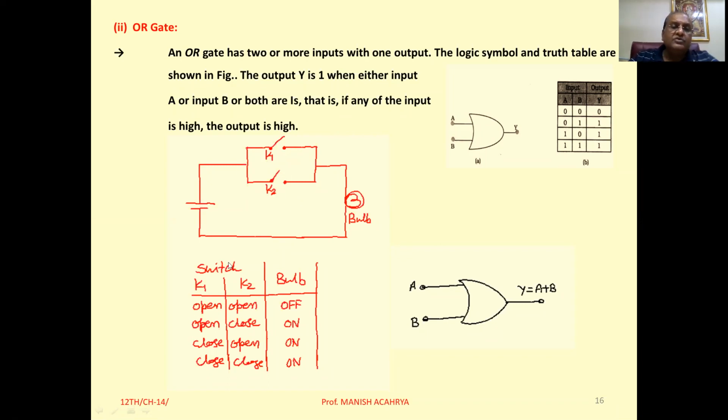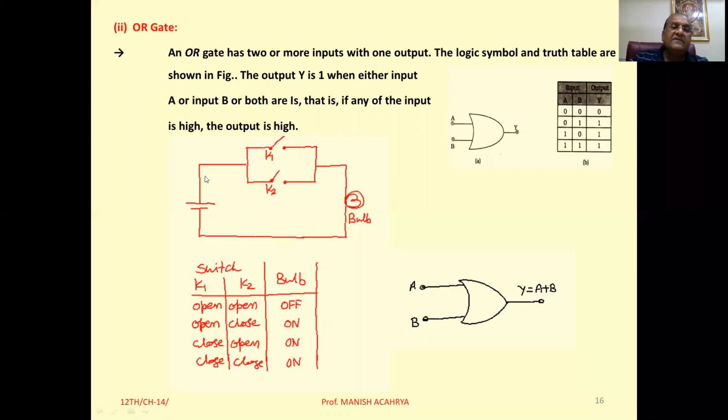Now see here, suppose we think about the situations of keys, or we can say switches. So K1, K2, and what is the result in output, meaning the bulb will glow or not. Let's try to understand this thing. Suppose initially both the switches are open.